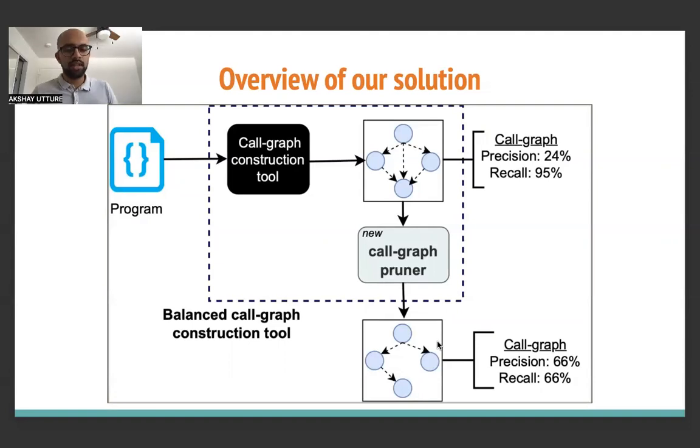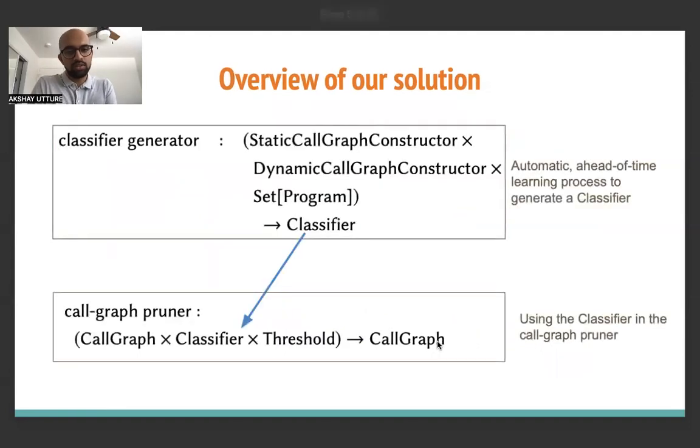So let's take a closer look at how we get this call graph pruner. Our solution can roughly be divided into two components. The first component is a classifier generator. This is an ahead of time learning process that's going to generate a classifier. And as the name suggests, the classifier should ideally be able to classify an edge as a true or a false positive.